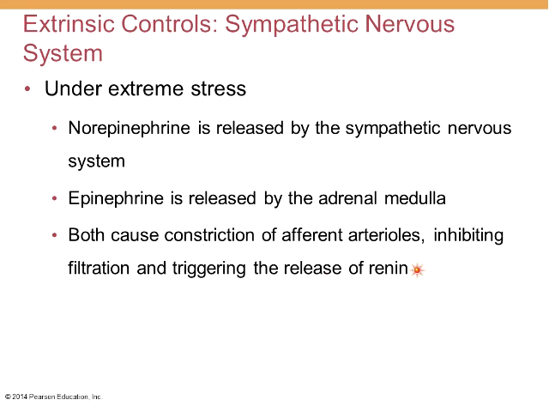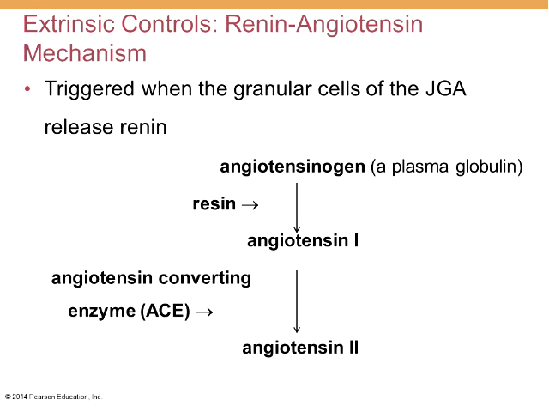The idea in this is the kidneys aren't getting enough blood, and they think that they need more fluid. We are shunting our blood to our arteries and veins of our heart and lungs and our skeletal muscles to outrun the bear that's chasing us through the woods in that fight or flight mechanism. So the renin-angiotensin mechanism is triggered when the granular cells of the juxtaglomerular apparatus release renin.